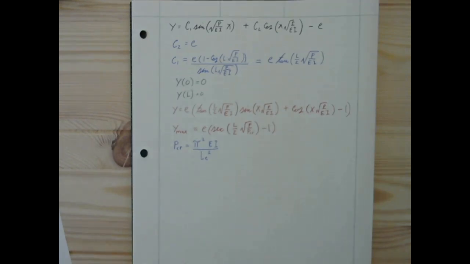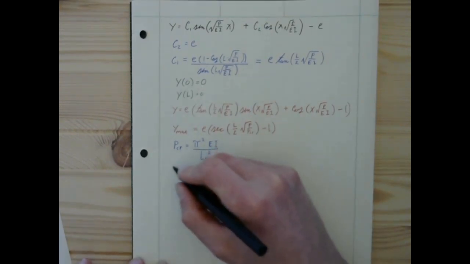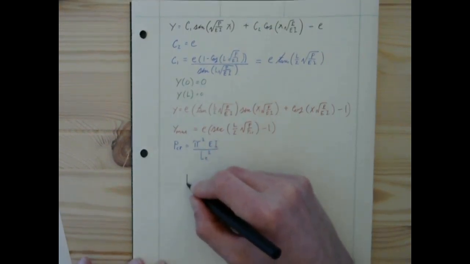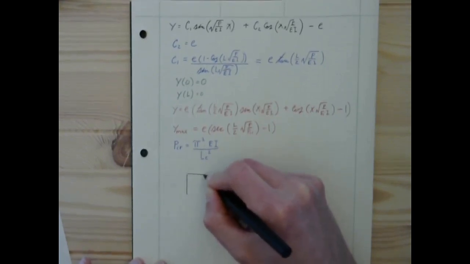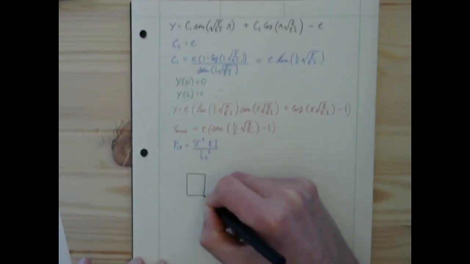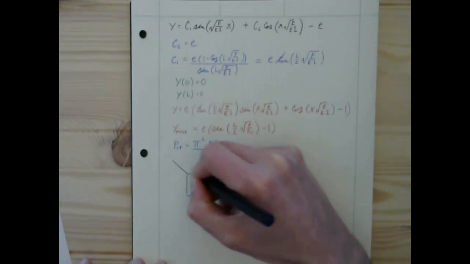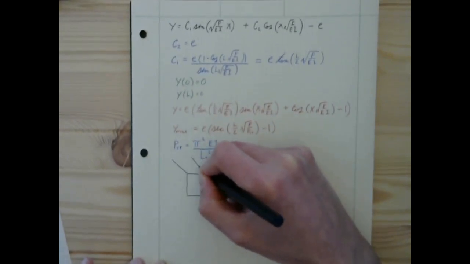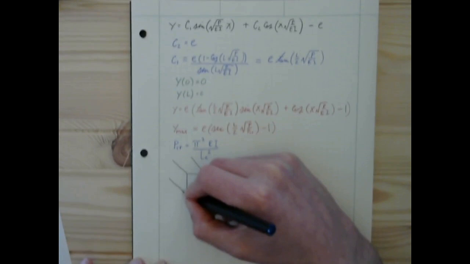Now let's look at the maximum stress. Obviously, for the maximum stress, we can do what we've already done in the past, which is to look at our two cross sections. Let's say we've got one cross section and it's experiencing axial load.